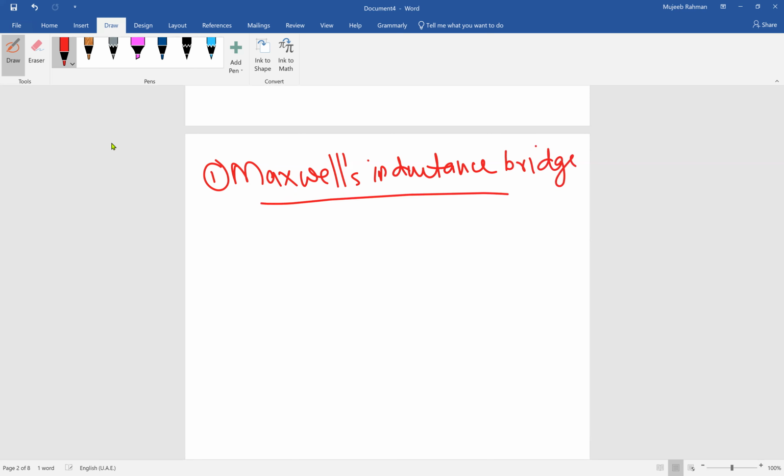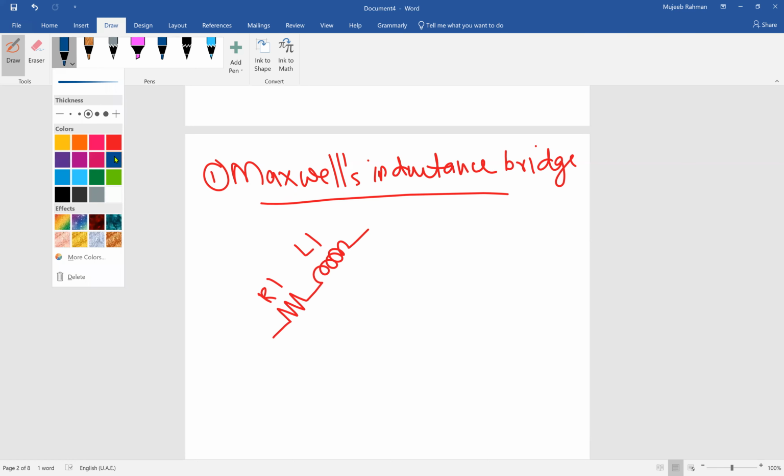The Maxwell's inductance bridge is a bridge consisting of 4 arms. The first arm consists of an unknown coil having an internal resistance of R1 and a self-inductance of L1.